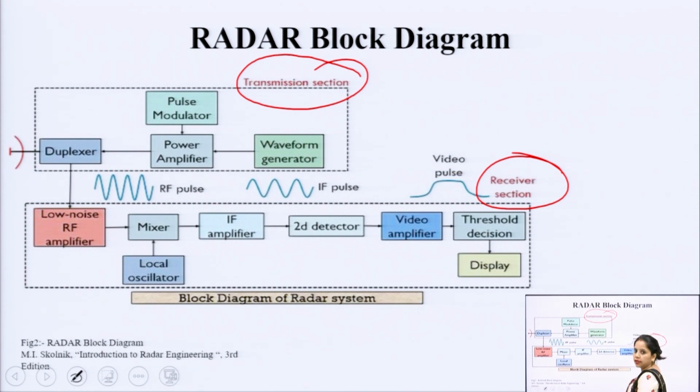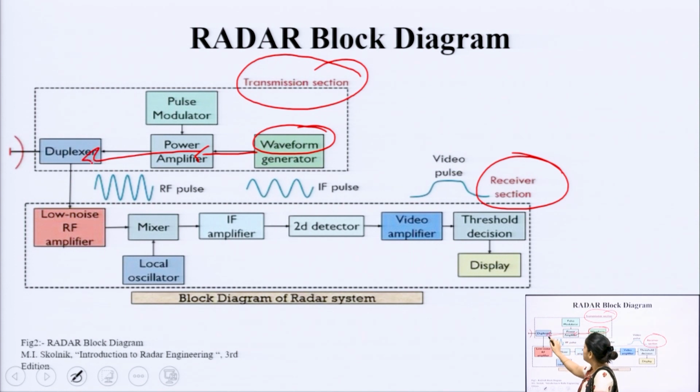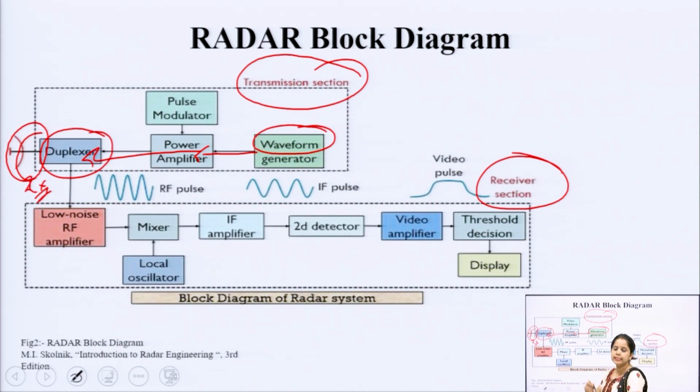Here is the waveform generator, because the signal has to be generated so that it can be transmitted, then the power amplifier, duplexer, and antenna. In the first case it acts as a transmitting antenna, and the same acts as a receiving antenna for the reverse case, when the signal is reflected from the target and has to be collected.